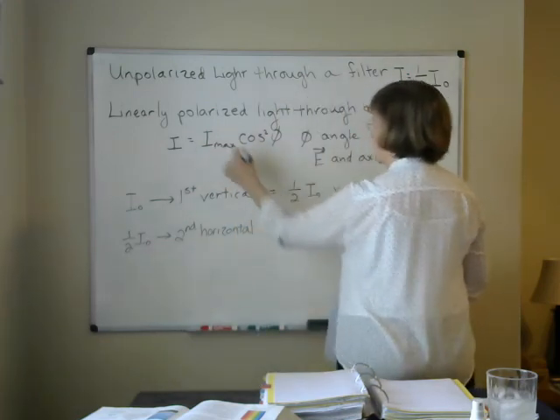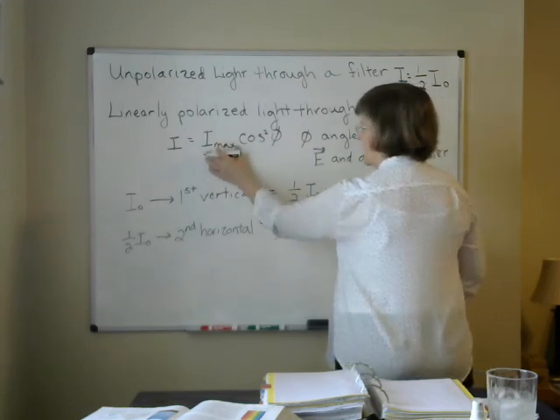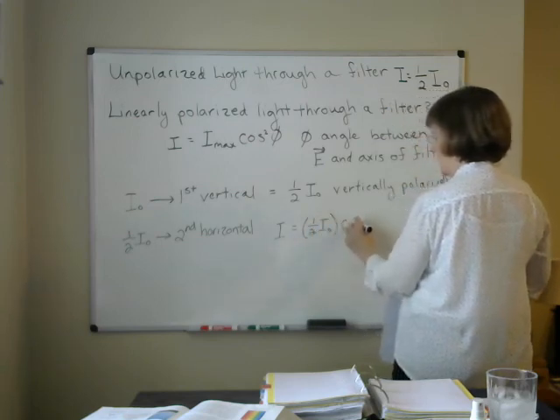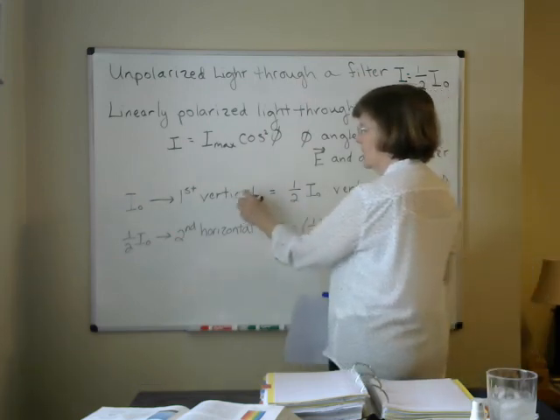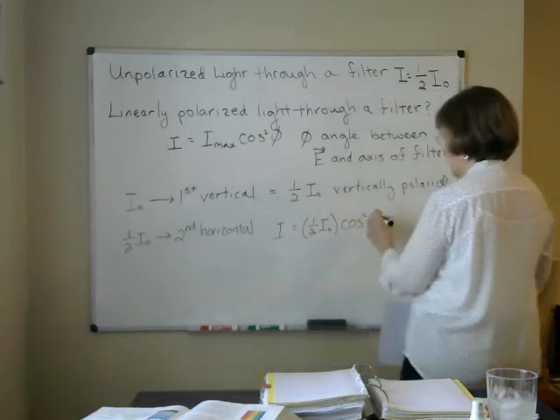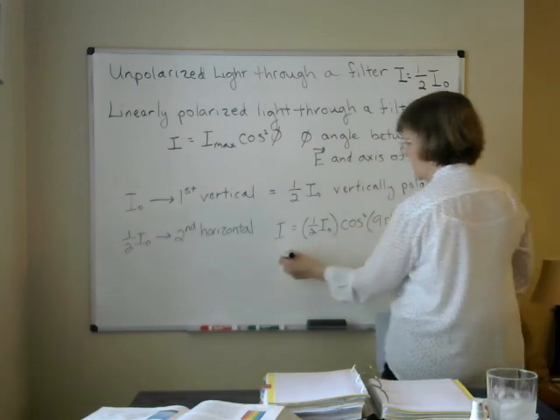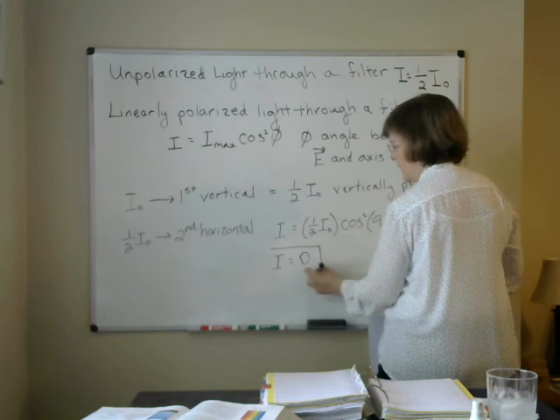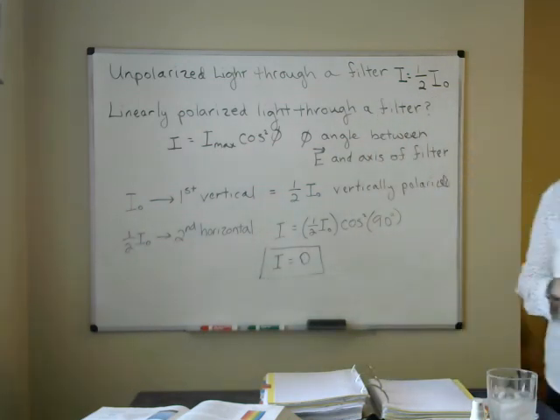It says our new intensity, I, will be whatever our maximum intensity was, which in this case is 1/2 I0, that's how much is going into the second filter, times cosine squared. Well, the angle between vertically polarized and horizontally polarized is 90 degrees. We know cosine 90 is 0, and that intensity will be 0. It effectively completely blocks all of the light.